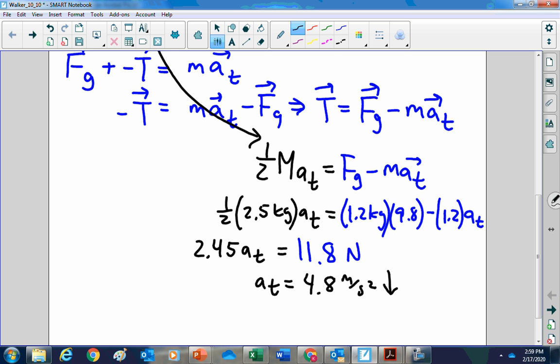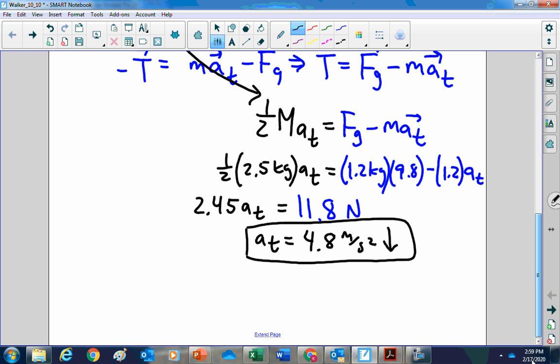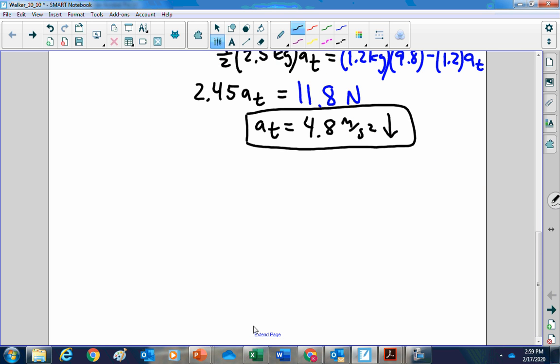And now I can find the rest of the unknowns. For instance, I needed to know angular acceleration. For that, alpha would be just divide by the radius.